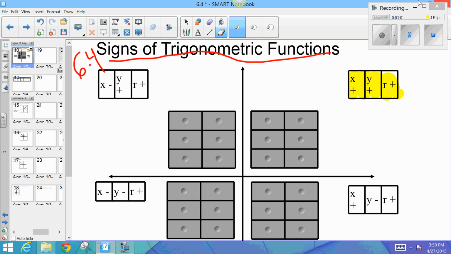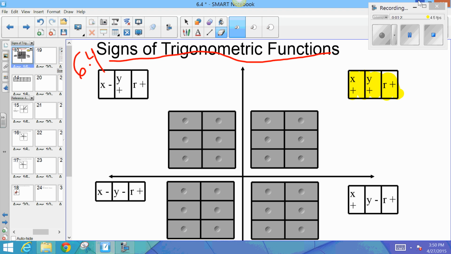And since the coordinates of any point in the first quadrant are positive, both the x and y coordinates are positive, and so of course is r. R is always positive.